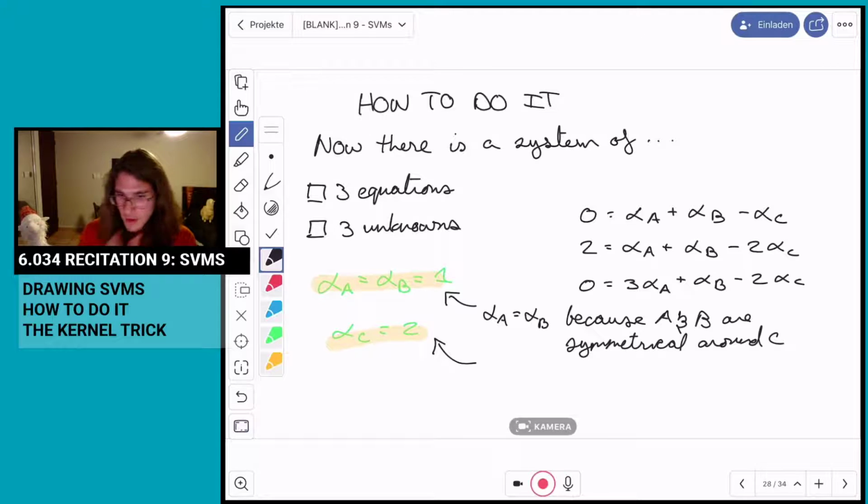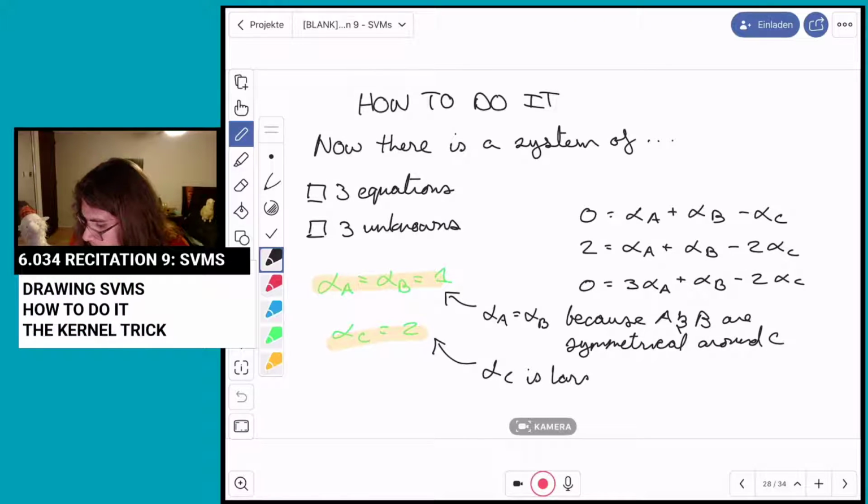And then the other one is actually the norm, but I want to bring your attention to it: alpha C is larger because it supports the boundary by itself.